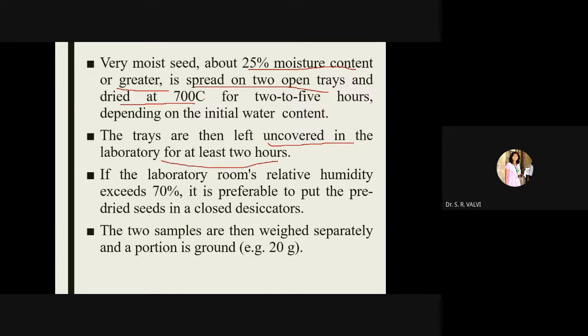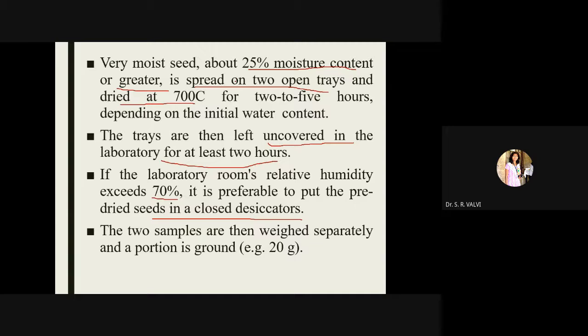See, if the laboratory room's relative humidity exceeds 70%, then it is preferable to put the pre-dried seeds in a closed desiccator, right? Because our intention is to remove the moisture content from the seeds, and hence we are doing the pre-drying technique.